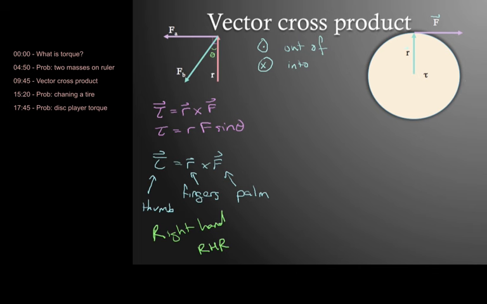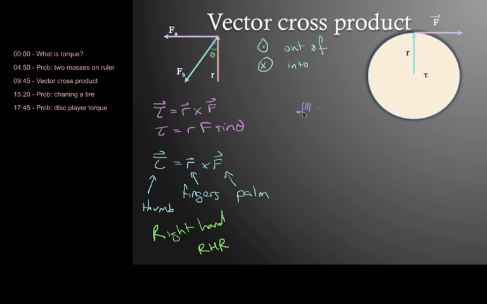So here I'm going to stick my right hand in the direction of R. So what I need to do is start with R, and R is pointing up, so I want my four fingers to be pointing up, and now my thumb is pointing this way just because that's easiest for me right now.